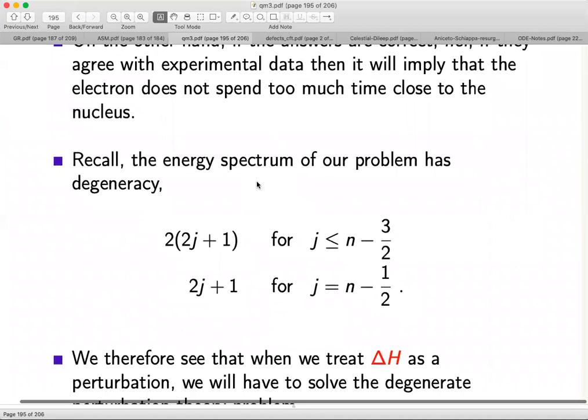For example, delta H will lift certain degeneracies. We had a 2j plus 1 times 2i plus 1 kind of degeneracy, and it could also additionally have a factor of 2. We will see that that degeneracy will actually be lifted by this Hamiltonian.